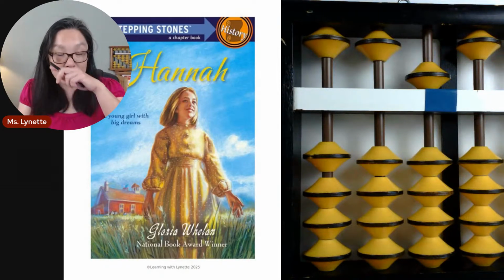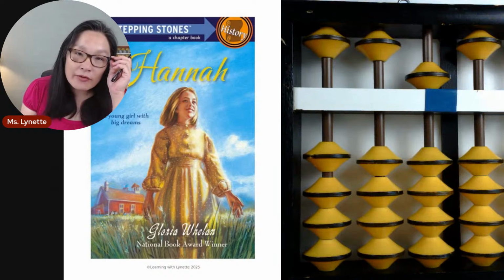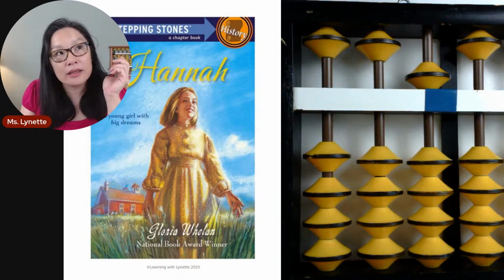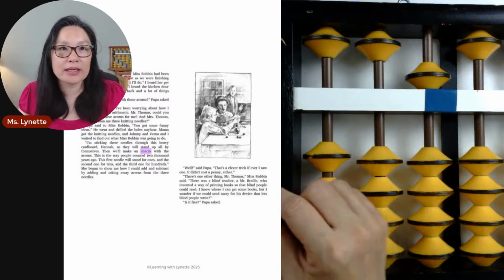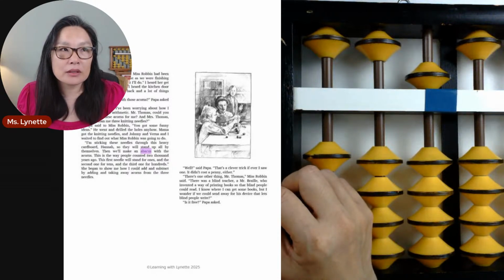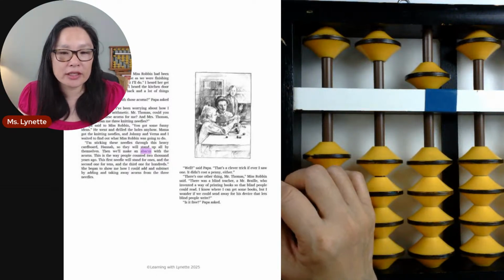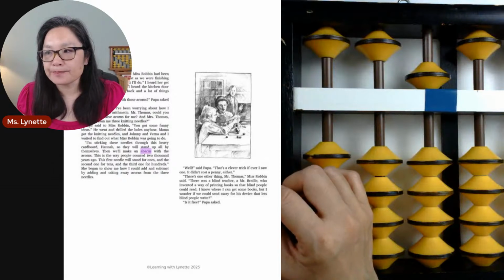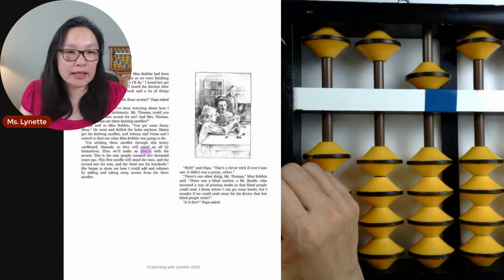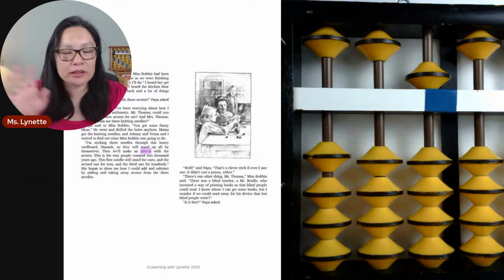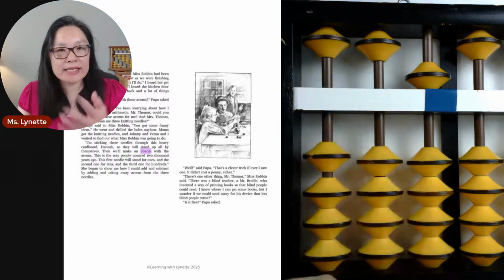So this one was a book. One of my friends was telling me that he read a book, and in the book they actually made an abacus out of acorns. It's an older book. The character here is a blind child, and the parents didn't want her to go to school, so she had to be homeschooled.